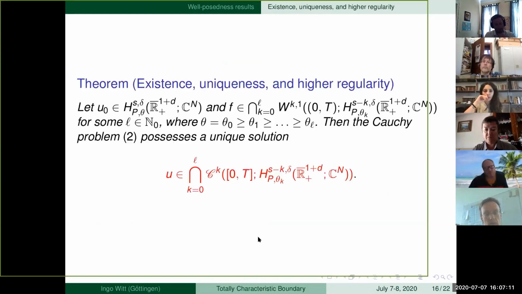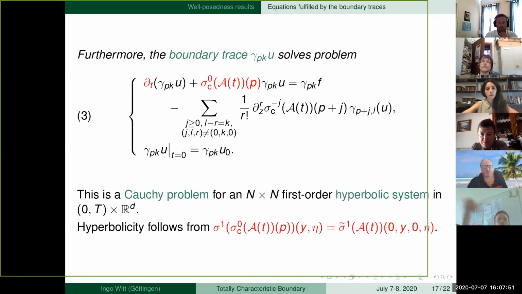And then here's the result. We assume that the initial condition belongs to H^{s,delta,P,zeta}. F is, say, in L^1 with values in H^{s,P,delta,zeta}. Or we can also allow more time derivatives, and we get also more time derivatives on the solution. Then the result is that there is a unique solution U, which is continuous in time, taking values in H^{s,delta,P,zeta}, and correspondingly for time derivatives. What is basically the really new thing here is all these boundary traces.